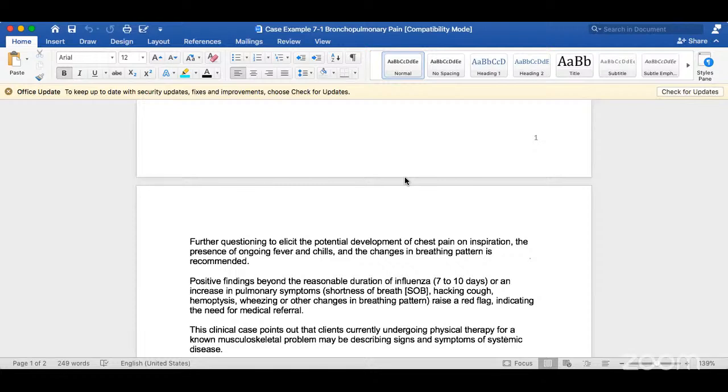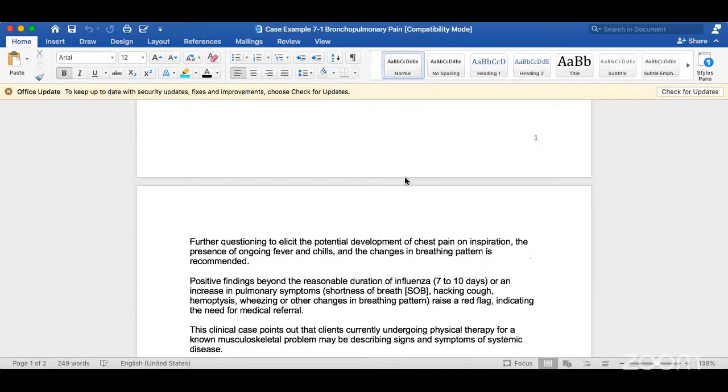Further questioning to elicit the potential development of chest pain on inspiration, the presence of ongoing fever and chill, and changes in breathing pattern is recommended.